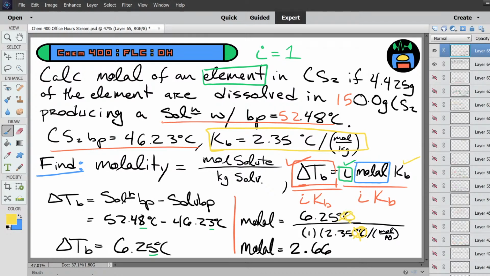Degrees Celsius cancel, and our units are moles per kilogram. All right, and that is the molality of our unknown element in CS2, carbon disulfide.